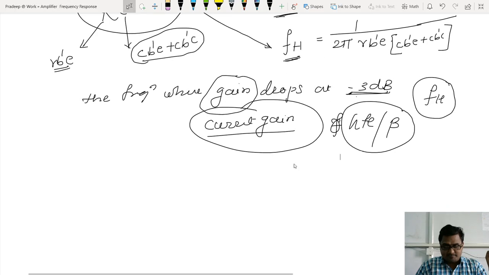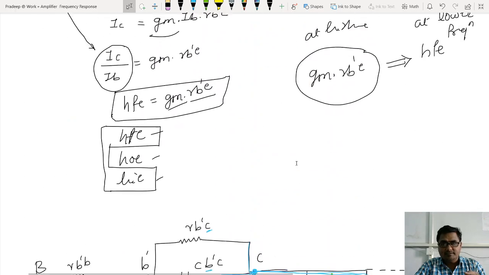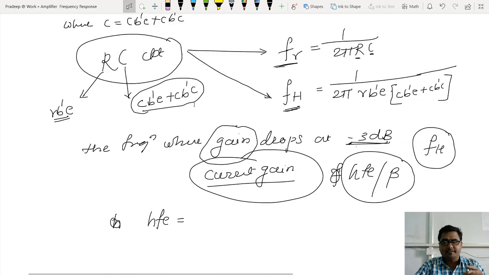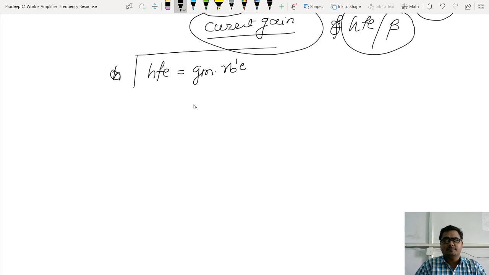The value of HFE at higher frequency is Gm multiplied by RB dash E. You remember that. So HFE is Gm dot RB dash E. This is the value of current gain.